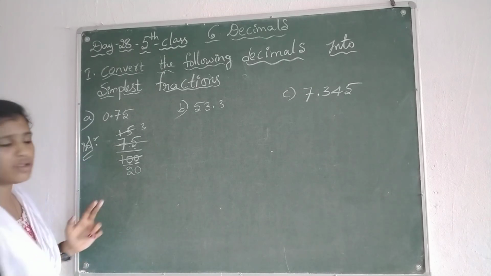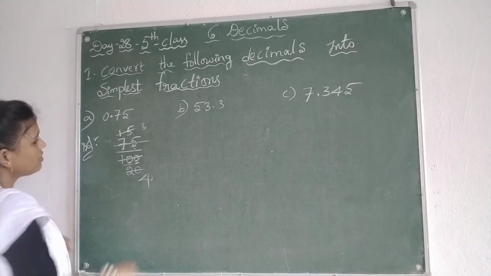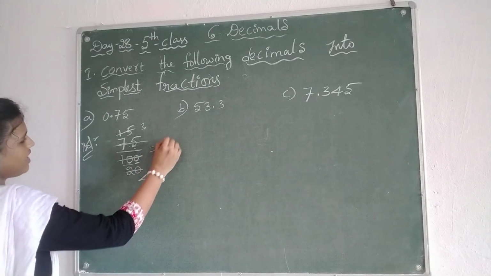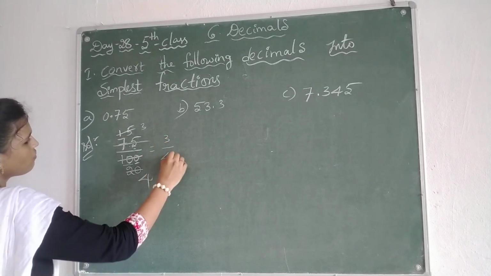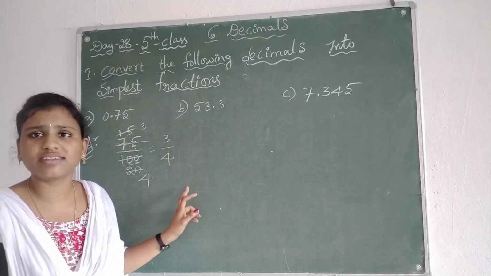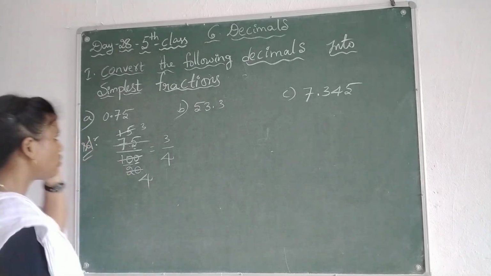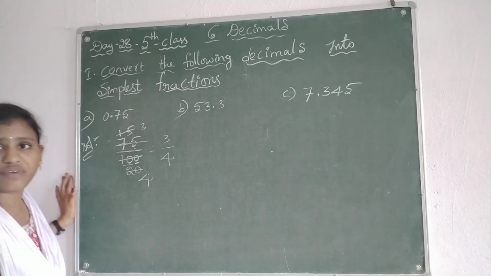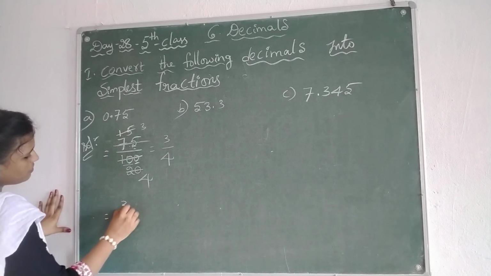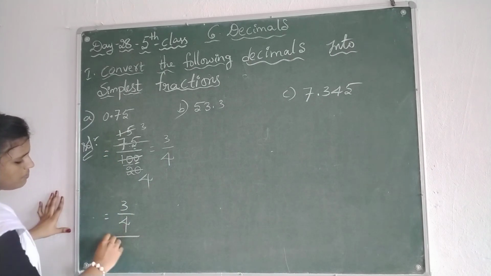And 20? Yes, 4 times, 4 5s are 20. So we take 3 by 4. 3 by 4 is the simplest fraction of the decimal 0.75. So write the answer 3 by 4.